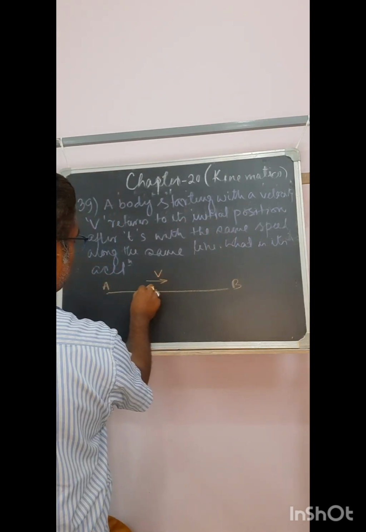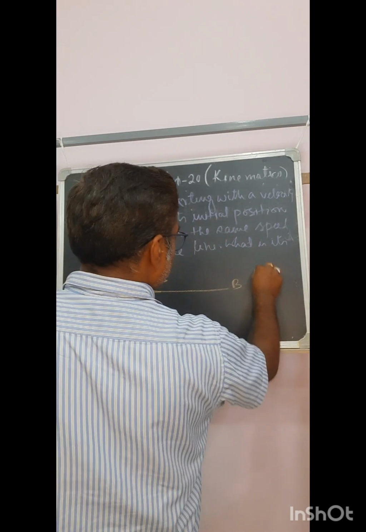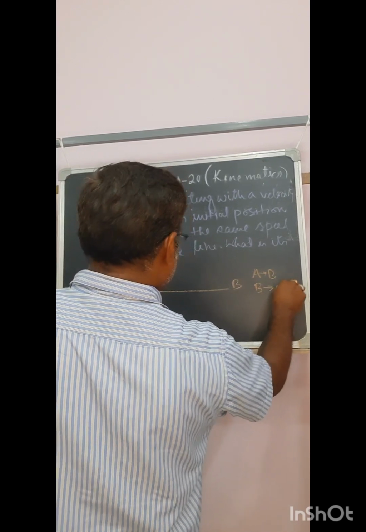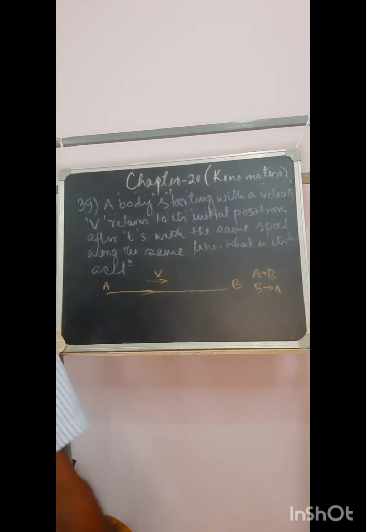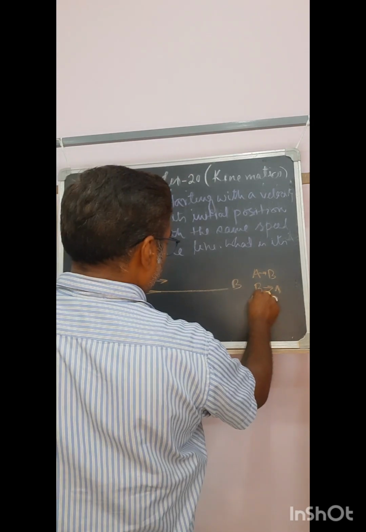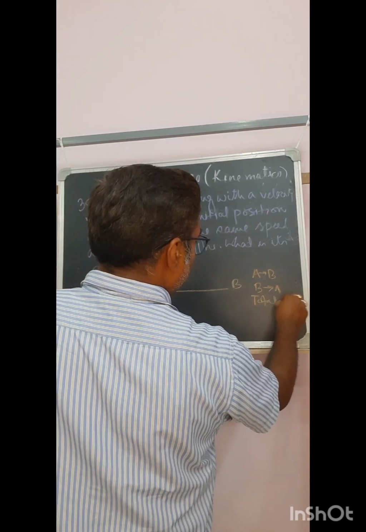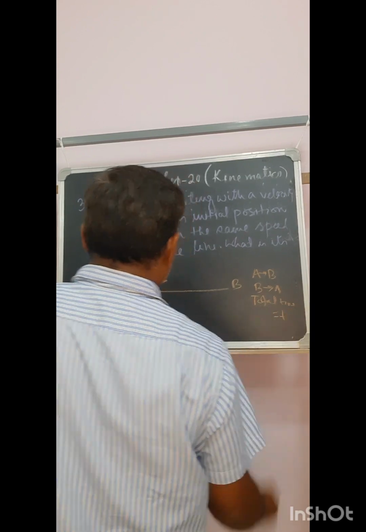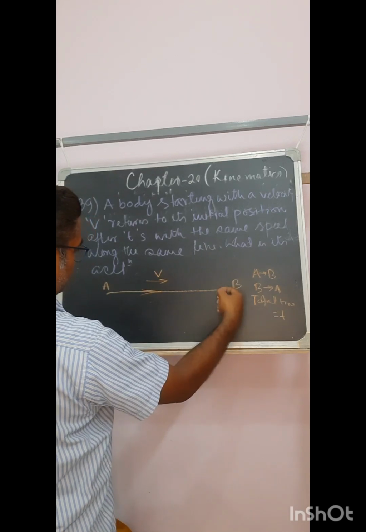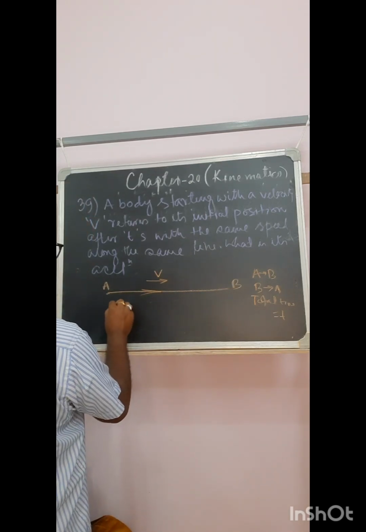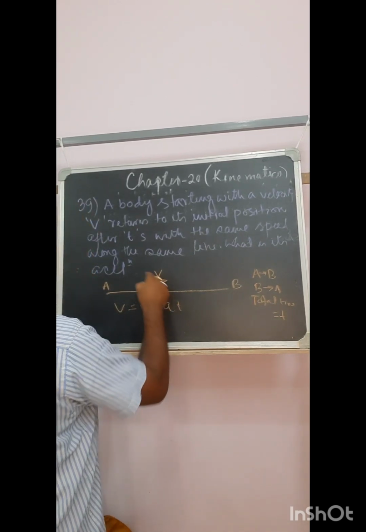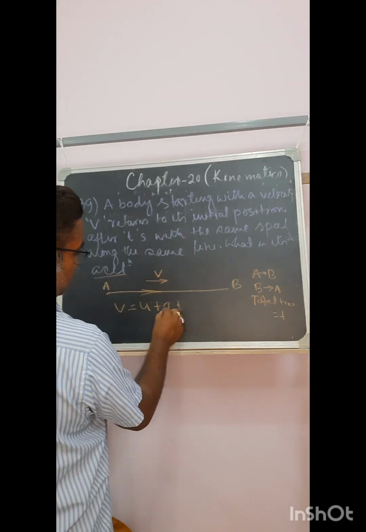That means initially he moved from A to B, then returns back from B to A, so he has ultimately come back to A. So the total travel time is t. Now your initial velocity is v, going back with the same speed, so you can use v is equal to u plus at. So you have to find the acceleration.